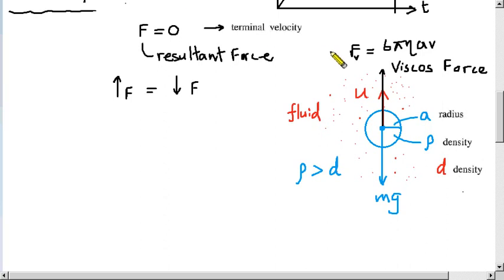That is the equation to find the viscous force, given by Stokes law. In that lesson you learn this directly. If the object is a sphere, you can write this equation for the viscous force.